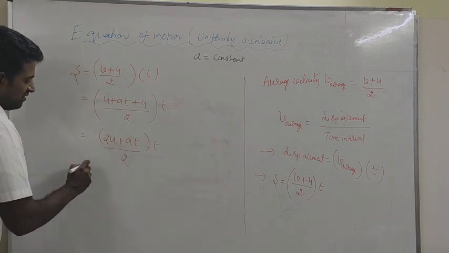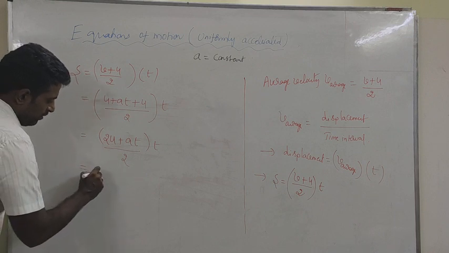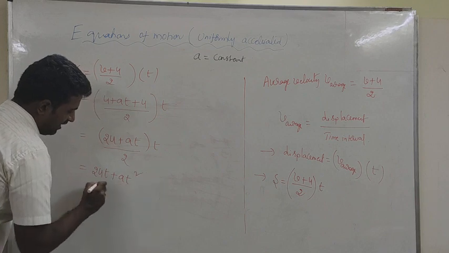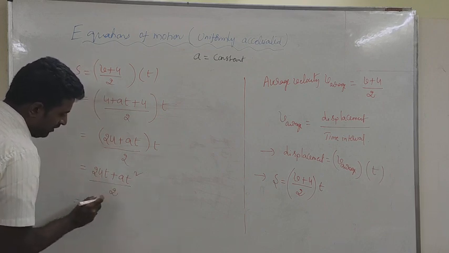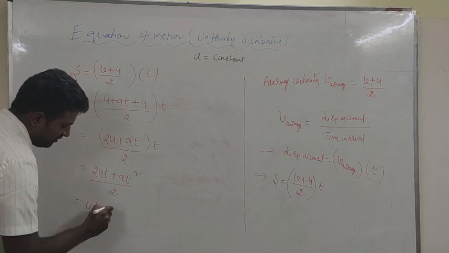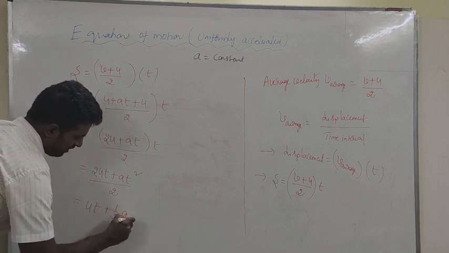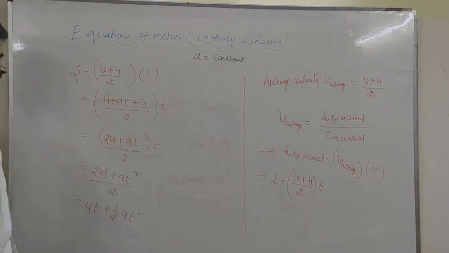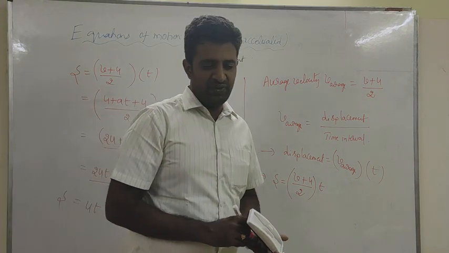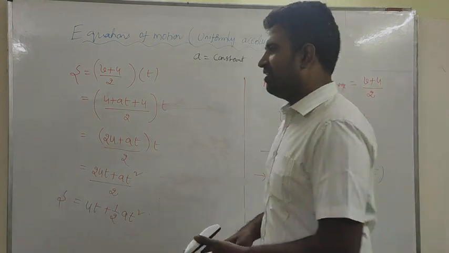You bring t inside, it will be equal to (2ut plus at square) divided by 2. You divide it with 2, then 2 gets cancelled, so it will come as ut plus half at square. So the displacement expression will be s equal to ut plus half at square. This is one more equation of motion.